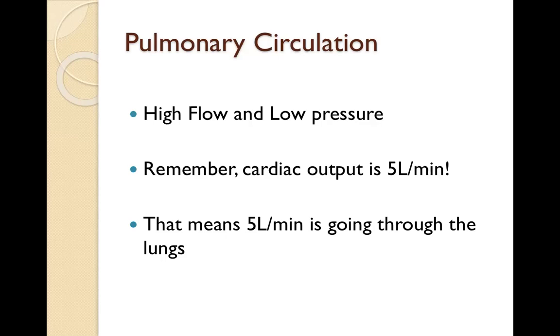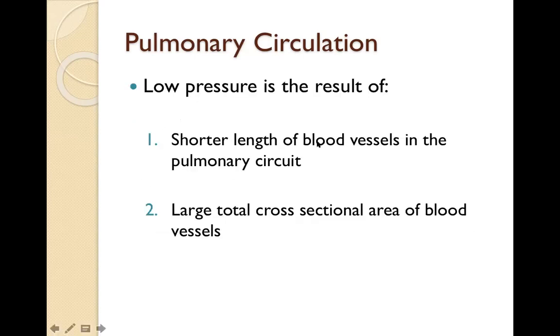So the cardiac output on the left side of the heart is exactly the same as on the right side. If 5 liters per minute are leaving the left side of the heart, that means 5 liters per minute is also going through the lungs. So you have 5 liters of blood per minute being oxygenated, returning to the left side of the heart, and then being pumped out. That shows the high flow, but it's a very low pressure circuit.